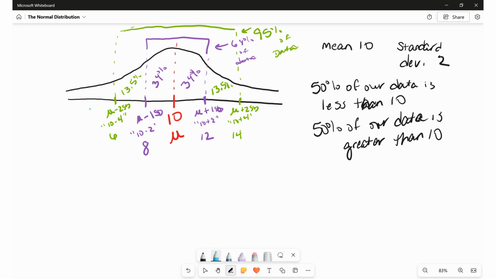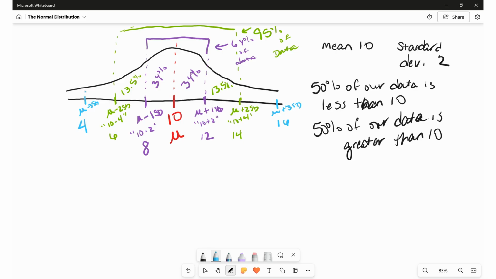All right. Now, finally, we have our mean minus 3 standard deviations and our mean plus 3 standard deviations, which is going to equate to a value of 4, and this is going to be 16.